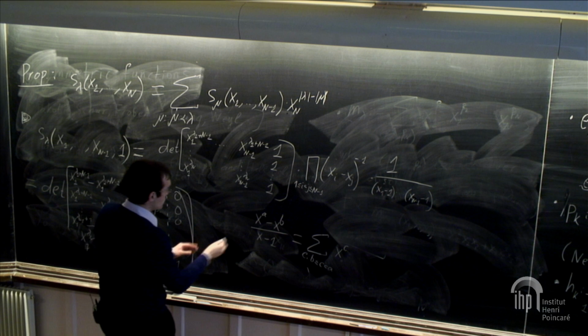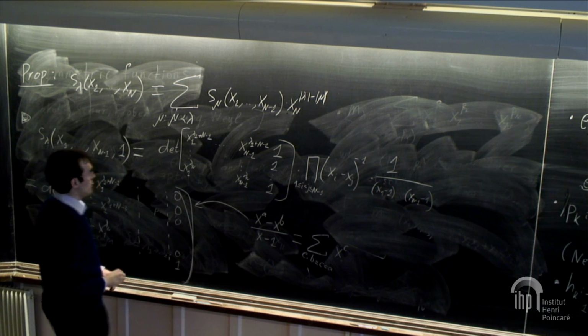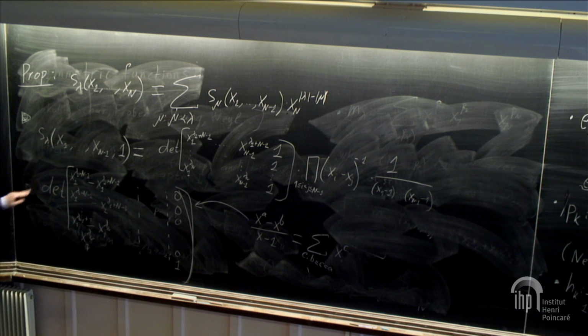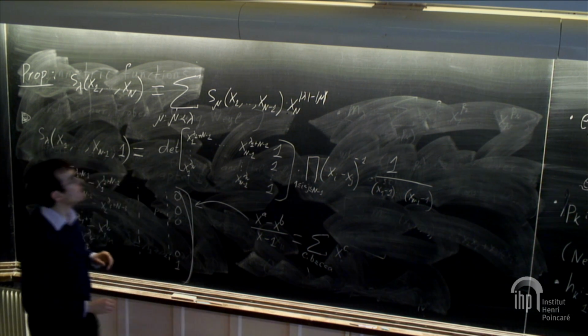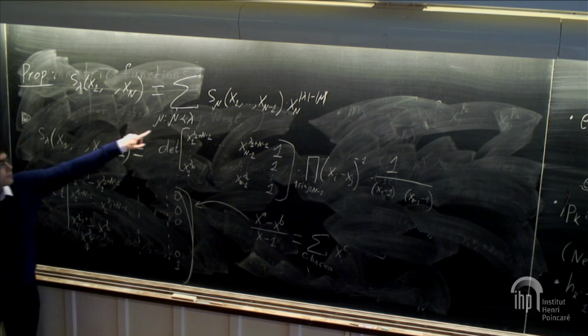So applying this expansion to each box in this determinant, I will obtain a determinant with sums in all these boxes. And then I will divide it by the Vandermonde in n minus 1 variables. And this is exactly this sum.